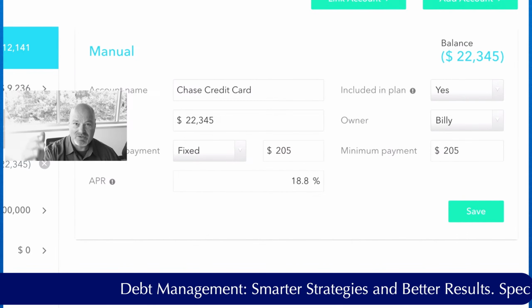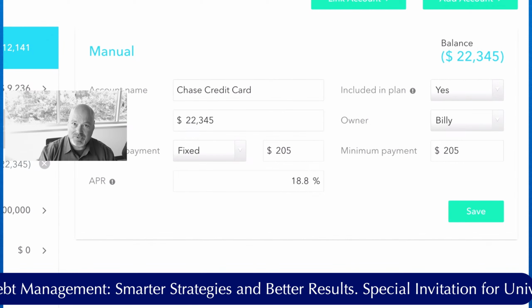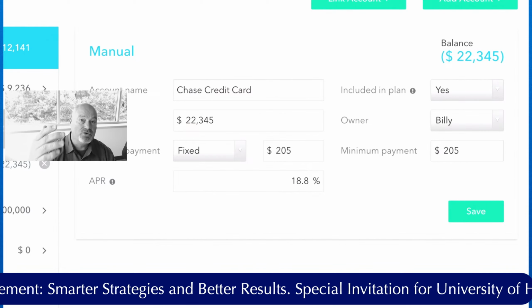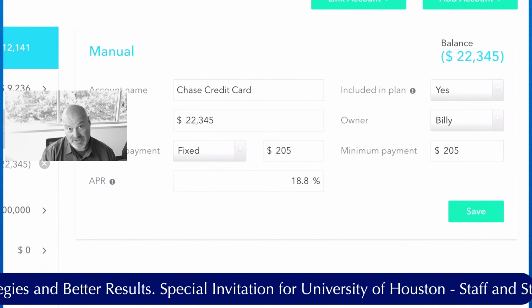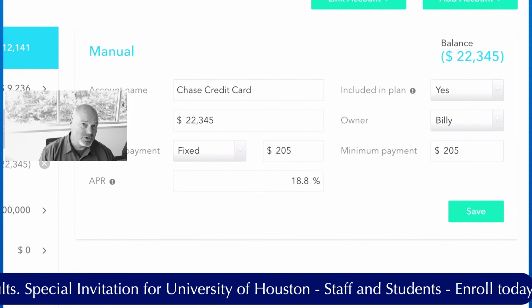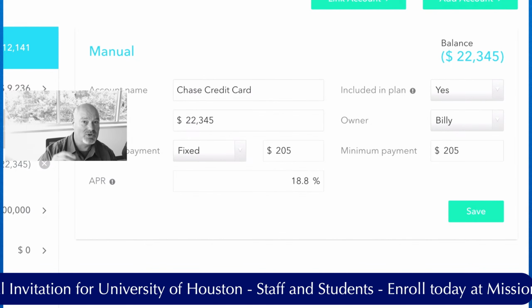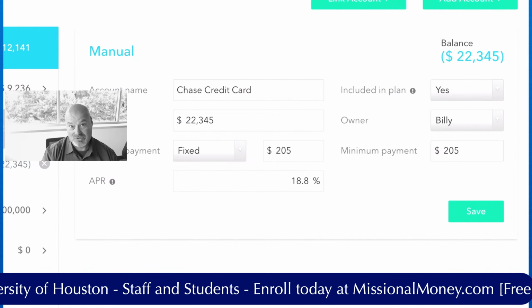What's the payment? And so that was your job. You're going to do that in your plan, and you're going to replicate in your plan with your numbers and your purchases what I'm showing you here with Billy's plan. So I'm going to show you some strategies and how I would do this assignment if I were you. So that's what you get if you're a student in my personal finance course.